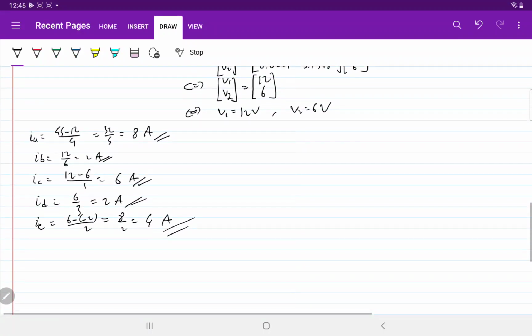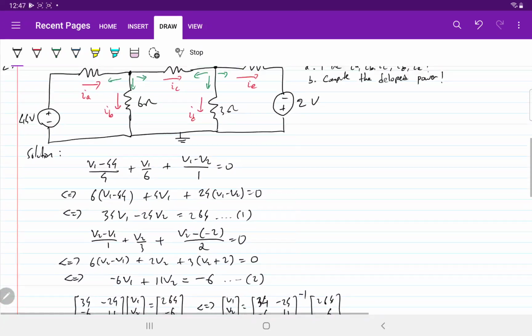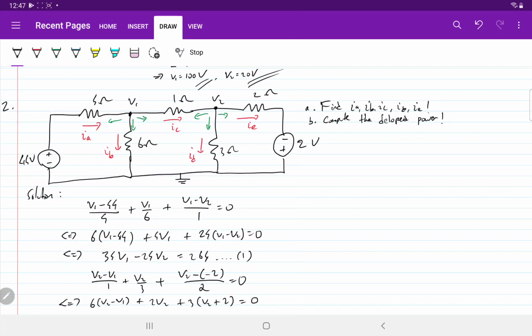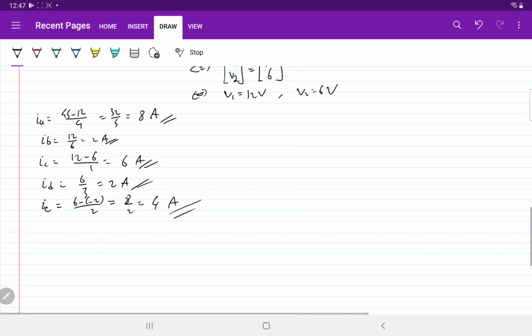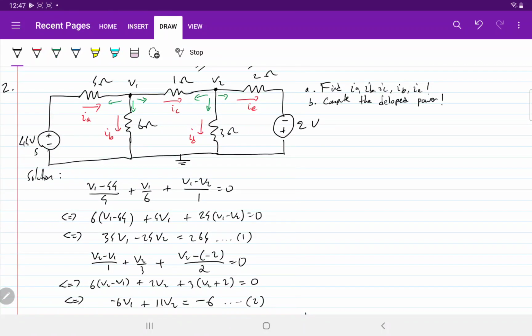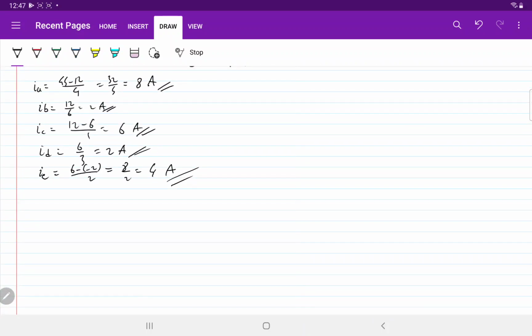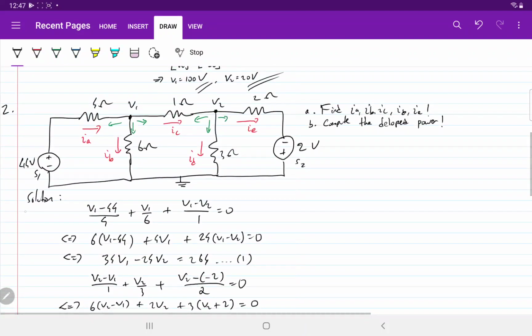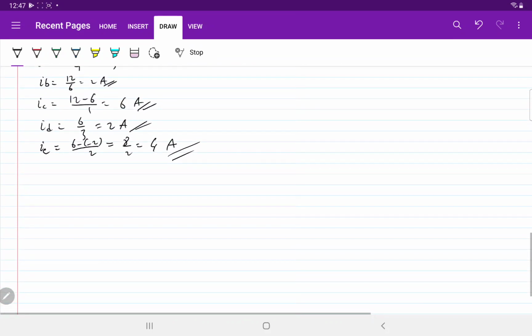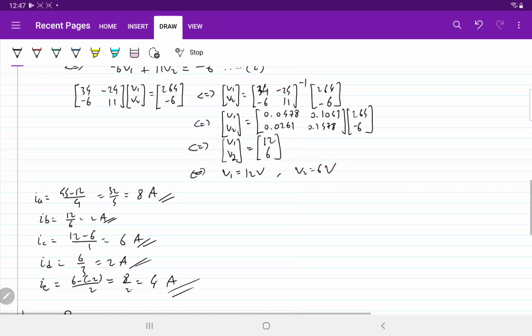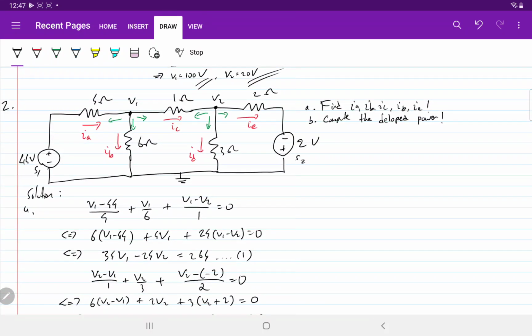Last one, question B: you just need to compute the generated power from these voltage sources. So let's say this is source 1, this is source 2, so this is A, right? Put A. B, so PS1 is the generated power at source number 1. The generated power is 44 multiplied by IA, right?